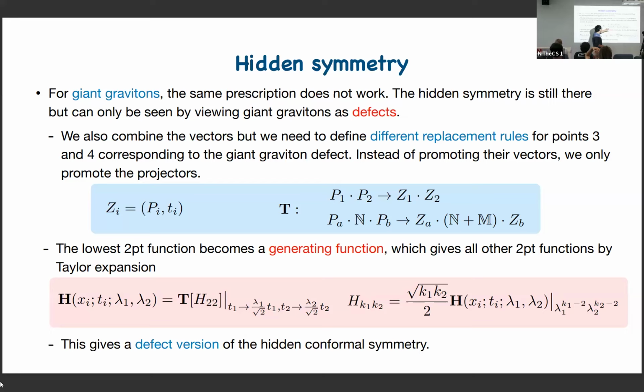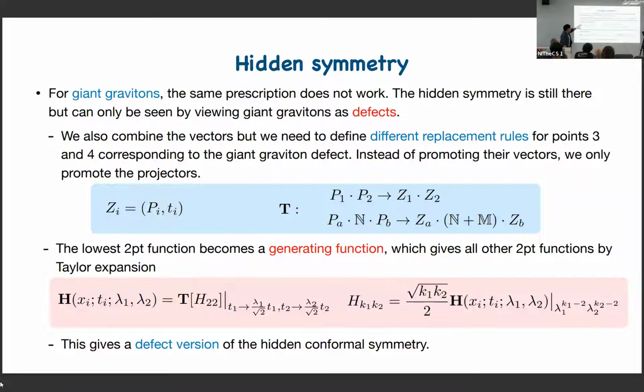You can have pA dot the projector N dot pB, where A and B take values 1 or 2. You replace this by zA dot N dot zB, where I remind you this N is the internal space projector.